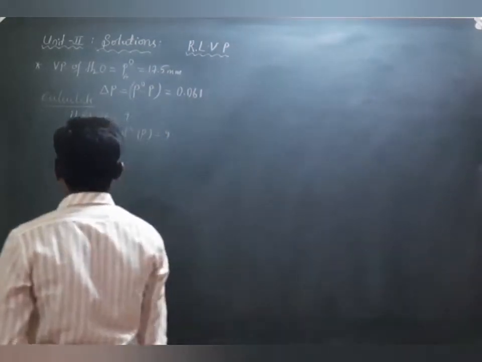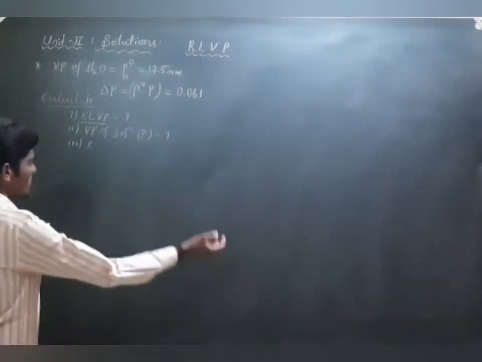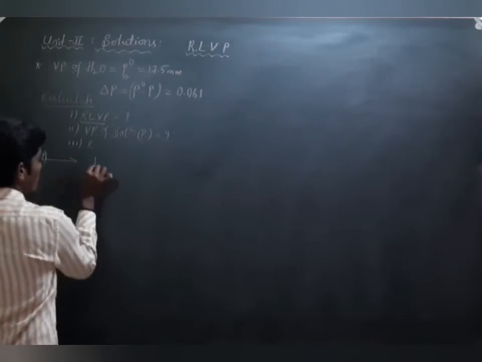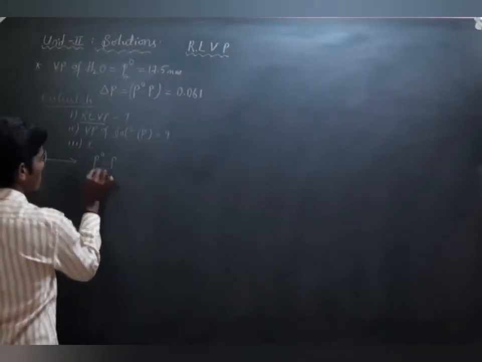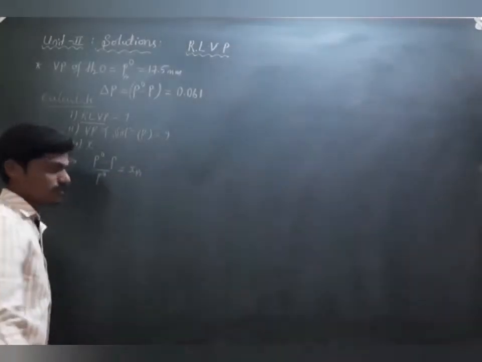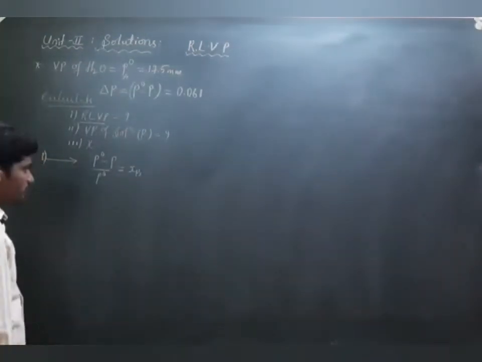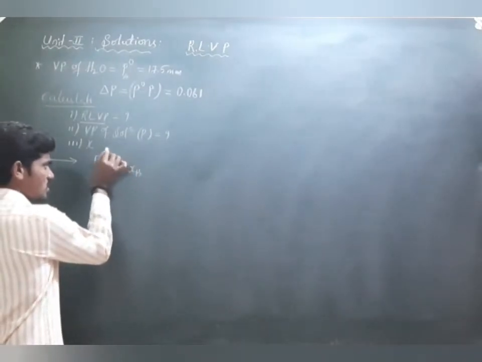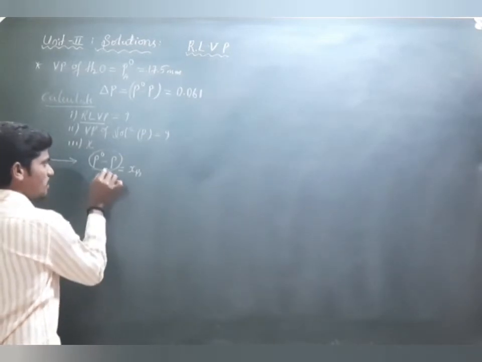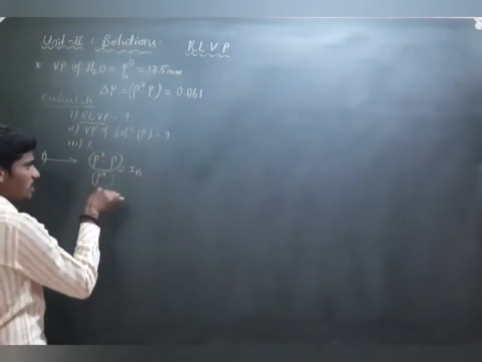The first point, how to calculate the relative lowering in vapor pressure? We have a simple formula: P naught minus P divided by P naught is equal to XB. This is the RLVP formula. Here the lowering in vapor pressure is given, and P naught for the solvent is given.